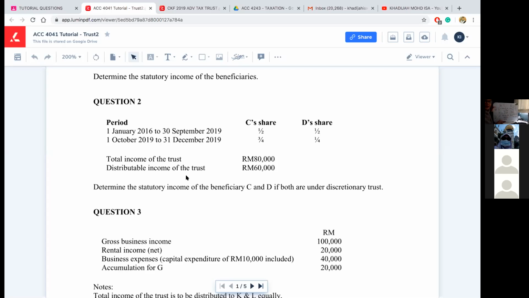Okay, you tell me, is this a discretionary or non-discretionary trust? Discretionary. Discretionary, right? It's mentioned at the bottom, both are under discretionary trust.